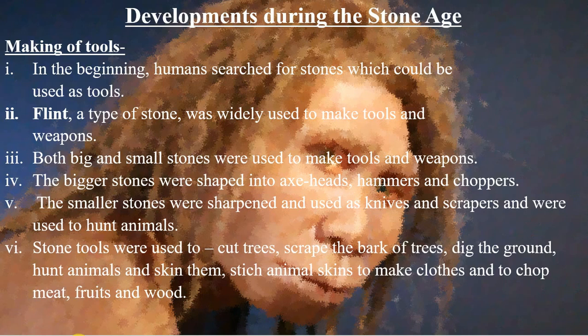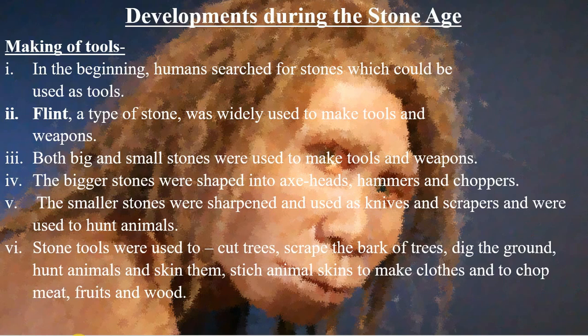Most of the tools belonging to these three ages were made of stone, since stone was easily available at that time. In the beginning, humans searched for stones which could be used as tools. Later they started making crude stone tools for specific needs, as we discussed that during the Paleolithic age the tools used by humans were crude.